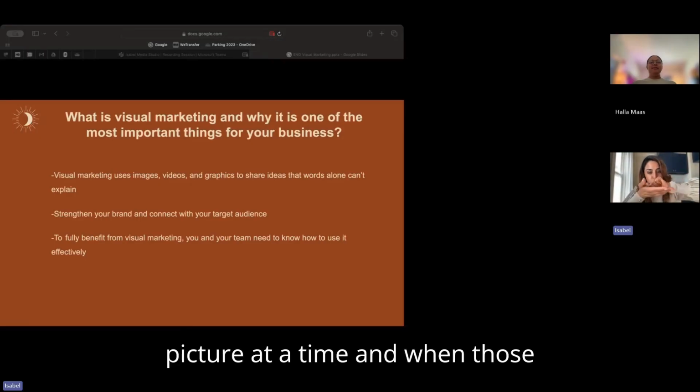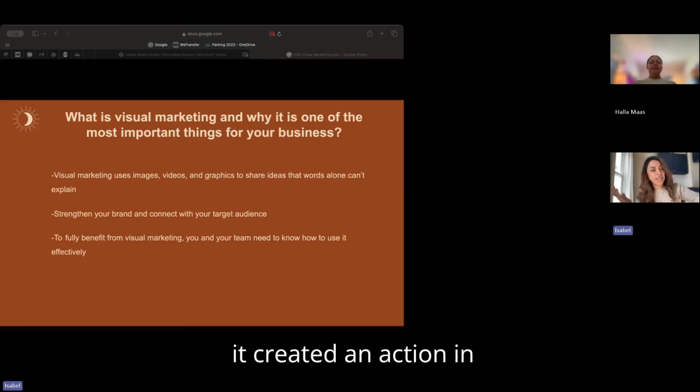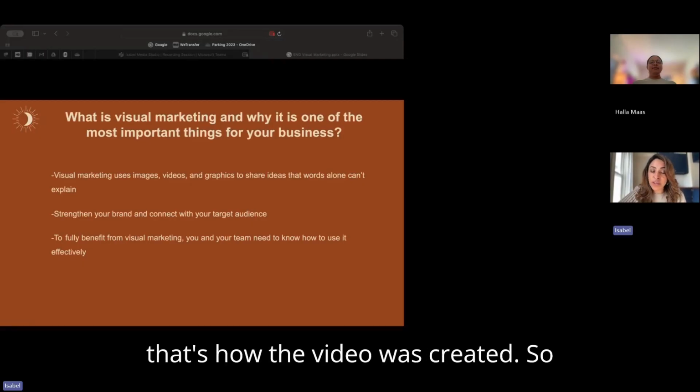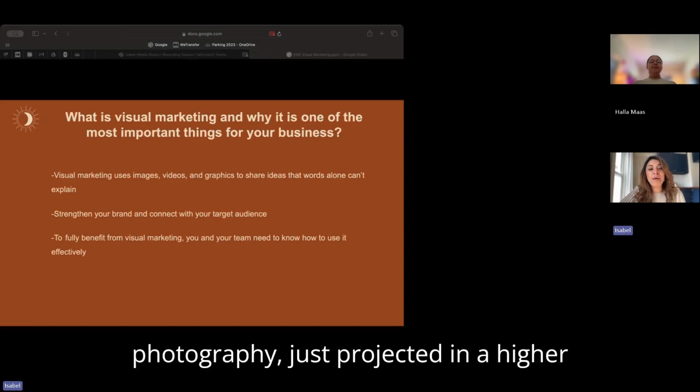And when those pictures were put in motion, it created an action. Each frame created the feeling that the photos were moving, and that's how video is created. So at the end of the day, video is still images, still photography, just projected at a higher rate.